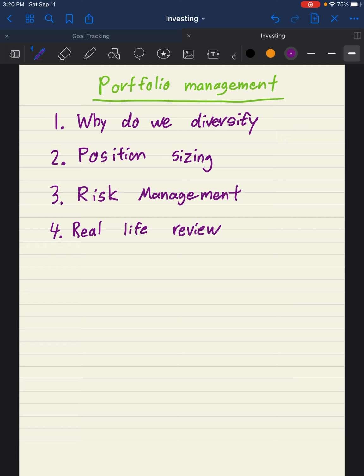And then we'll talk about risk management, so the different kinds of risks, because there are a couple. And then we will do a real life review, so we can look at my portfolio and see how it's constructed, and the different sectors, and essentially what I've chosen to do to minimize risk.